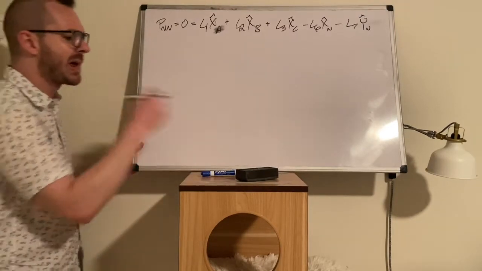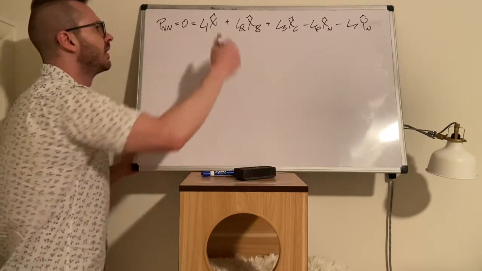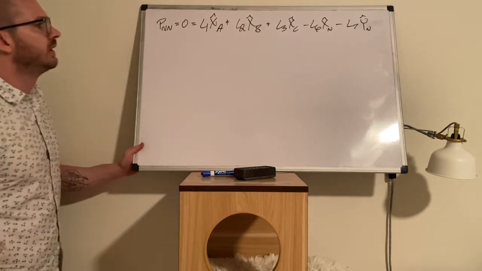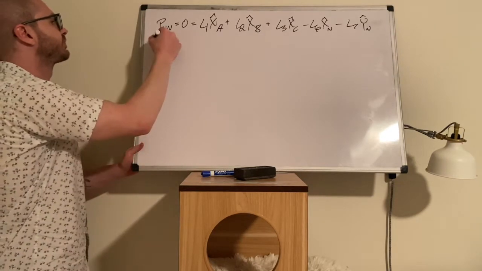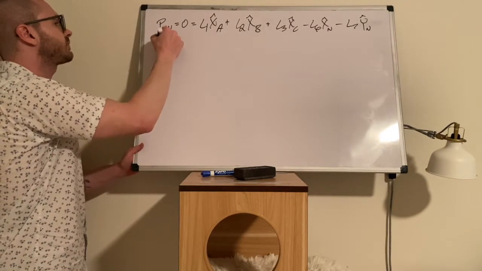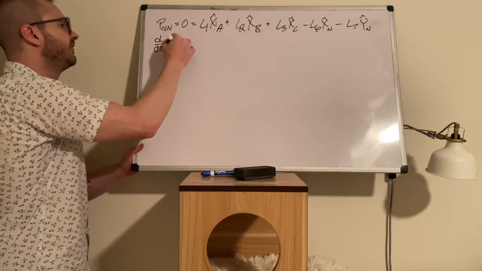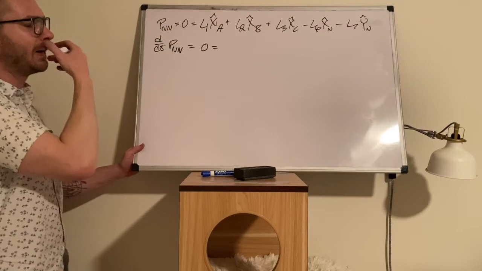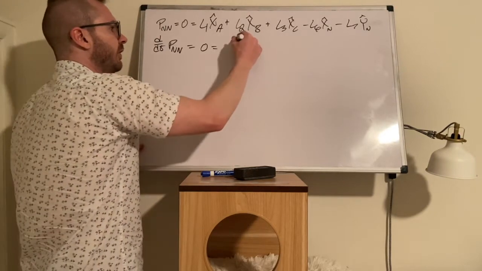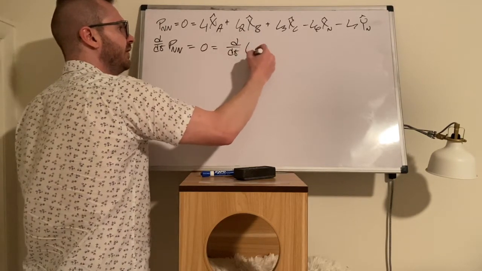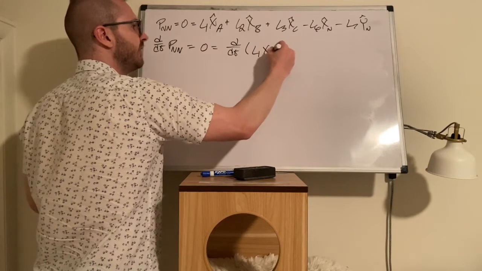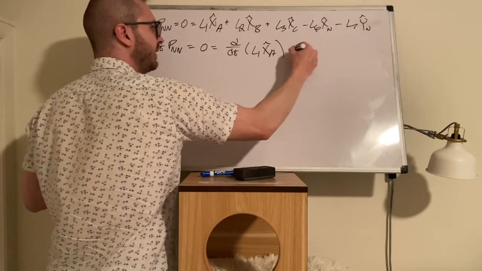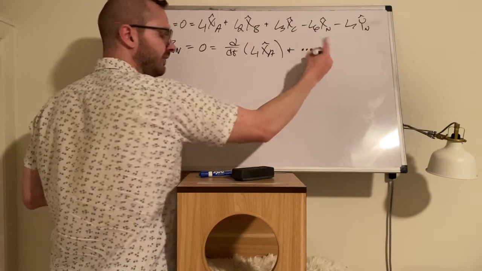So, ddt of this guy now. ddt of P and N, this is still equal to 0. So ddt of, we linearly distribute this thing, so L1 x at A plus dot dot dot.